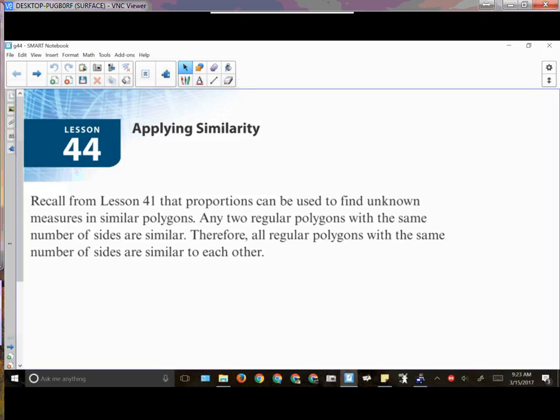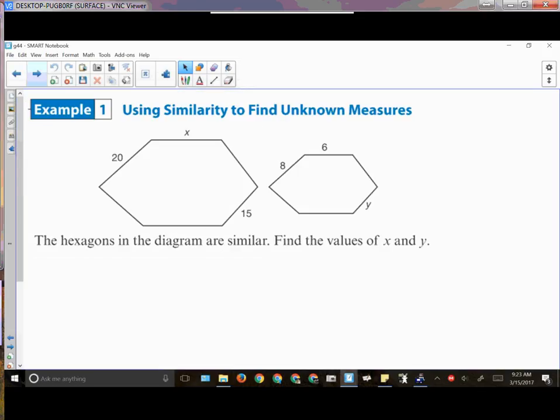Now, are these shapes the same size for everybody in this room? Why? Well, it doesn't matter whether 8 goes into 20 or not.